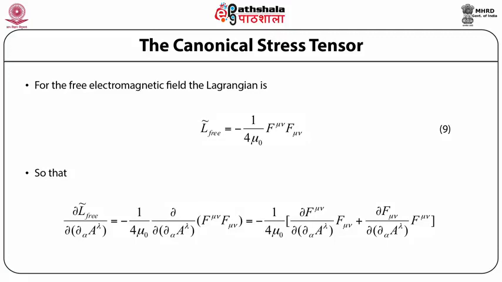So that del of L free divided by del of (del alpha A lambda) equals minus 1 divided by 4 mu naught del of (F mu nu into F mu nu) divided by del of (del alpha A raised to power lambda), equals minus 1 divided by 4 mu naught into [del of F mu nu divided by del of (del alpha A raised to power lambda) whole into F mu nu plus F mu nu into del of F mu nu by del of (del alpha A raised to power lambda)].